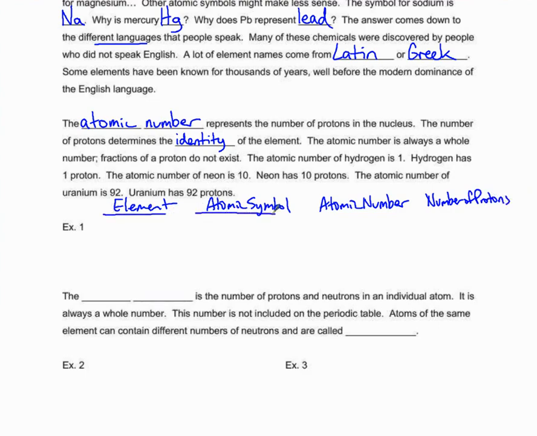So these 4 things. So for instance, looking at your periodic table, the element carbon. Carbon is at the top, just to the right of the middle. Its atomic symbol is C. That one makes sense. Its atomic number is 6. That means that its nucleus has 6 protons.